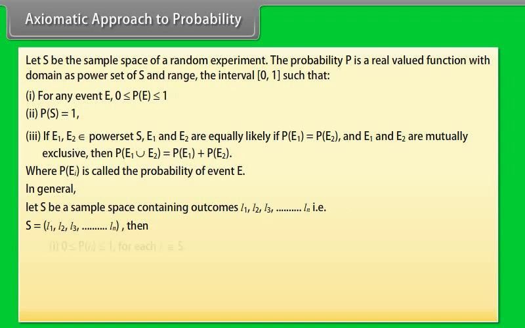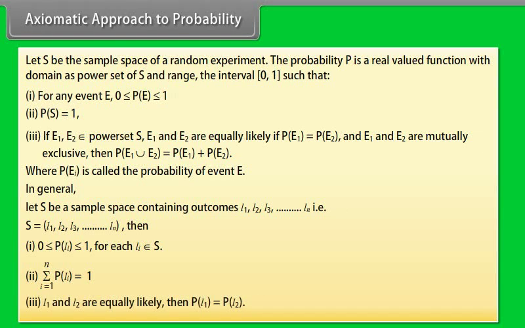Then 1. 0 less than or equal to P of Li less than or equal to 1 for each Li belonging to S. 2. Summation of i equal to 1 to n of probability of Li is equal to 1. 3. If L1 and L2 are equally likely, then P of L1 is equal to P of L2.